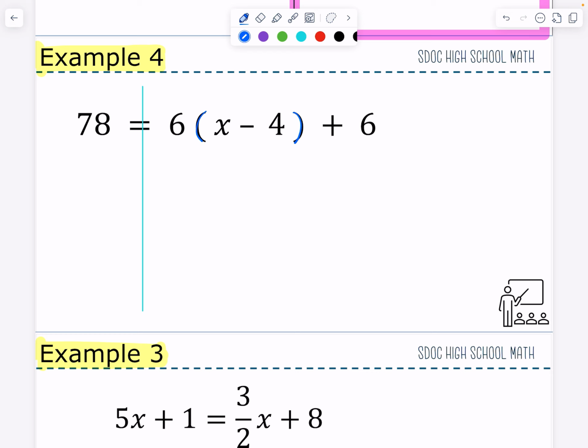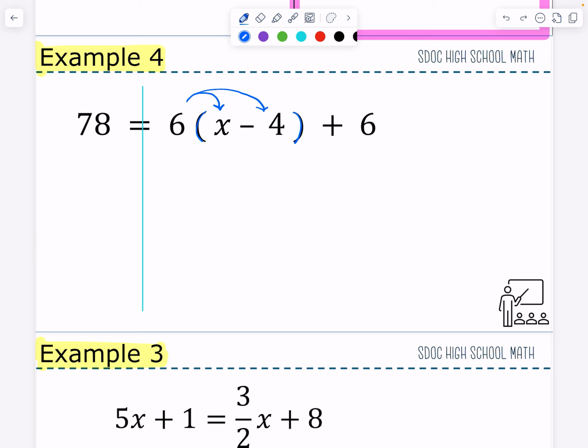With multiplication, that's when I use the distributive property. So I am going to distribute 6 times x and 6 times negative 4. Everything that's in the group, 6 is touching. This 6 out here is not in that group in the parentheses, so I don't do anything with that one except bring it down when I need to.